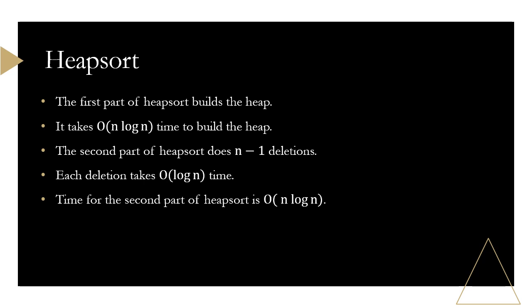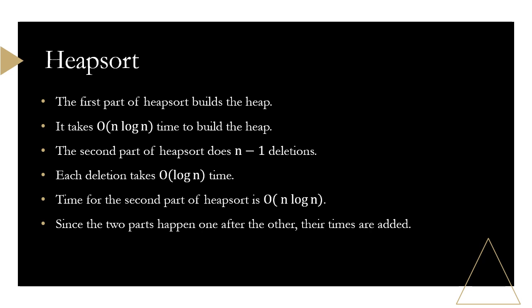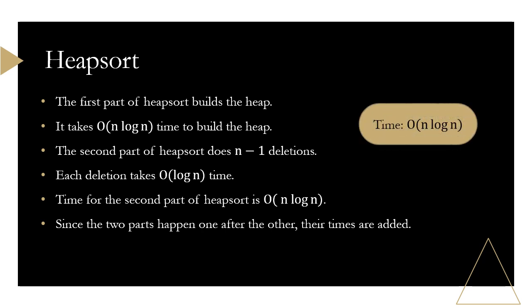Time for the second part of Heapsort is O(n log n). Since the two parts happen one after the other, their times are added. From this, I can say that the time of Heapsort is O(n log n).